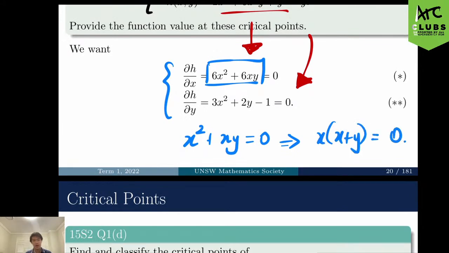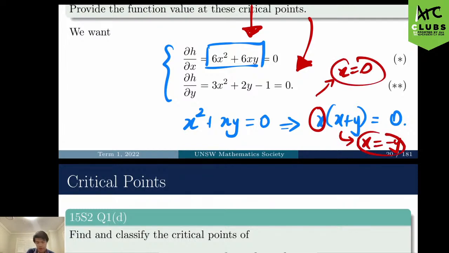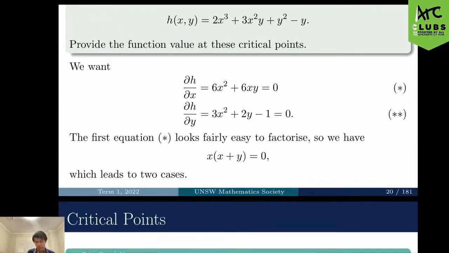And the reason why we like that is because then we get a straight up solution for x and y, right? Either x equals 0 or x equals minus y. And once we've gotten that out of this first equation, we sub it into the second equation. So, yeah, factorize, x plus y equals 0, and our 2 cases.